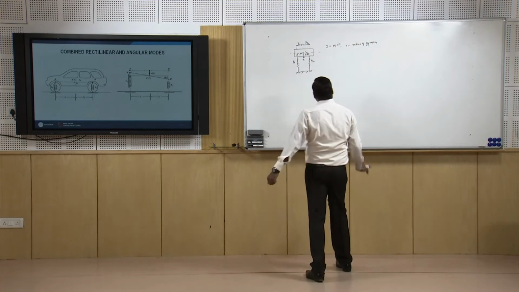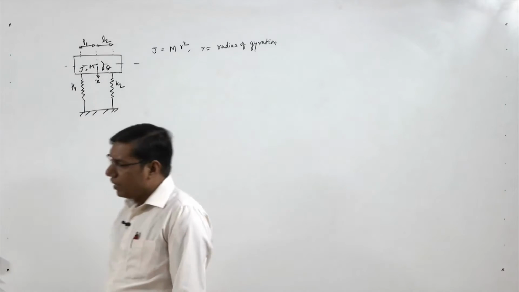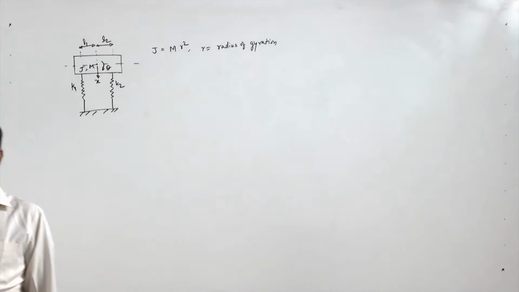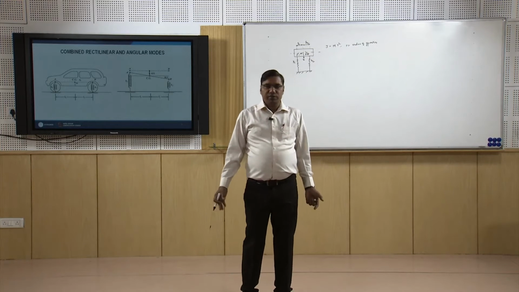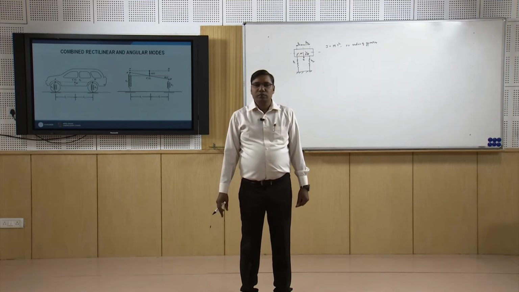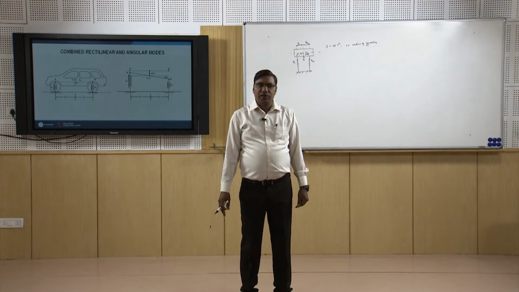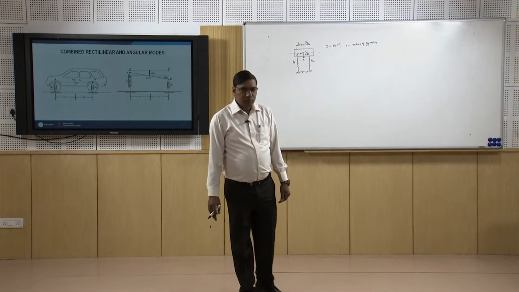Here we take the case when both degrees of freedom are disturbed, then only we can have free vibration, and by studying this case we can find the natural frequencies of vibration.